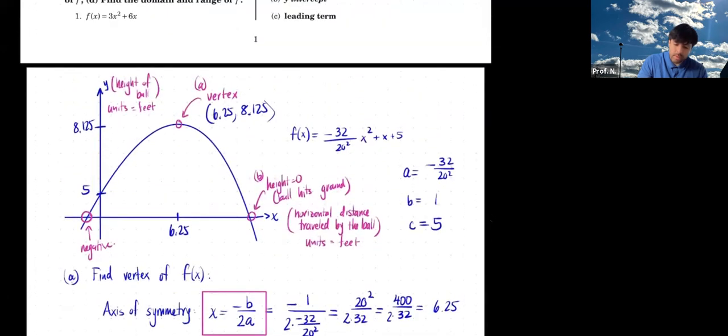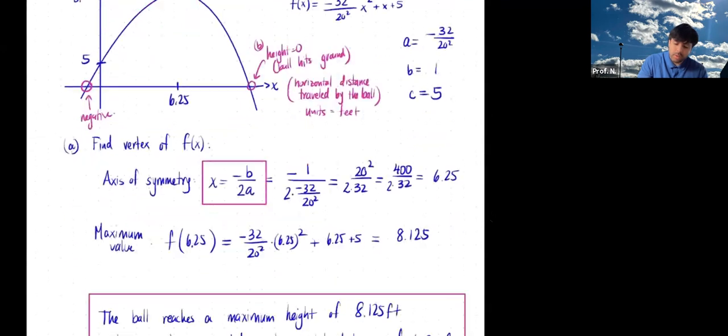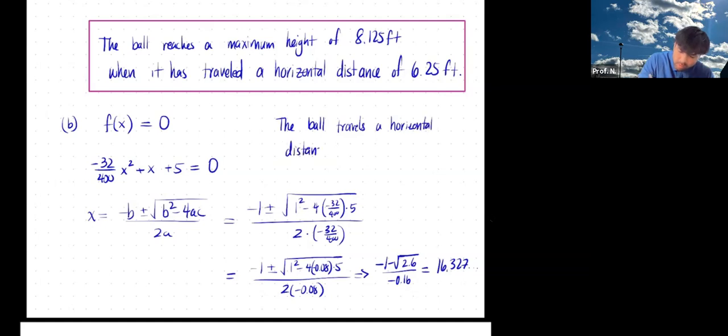We're trying to figure out the total horizontal distance traveled when the ball hits the ground. So the ball travels a horizontal distance of 16.327 feet when it hits the ground.